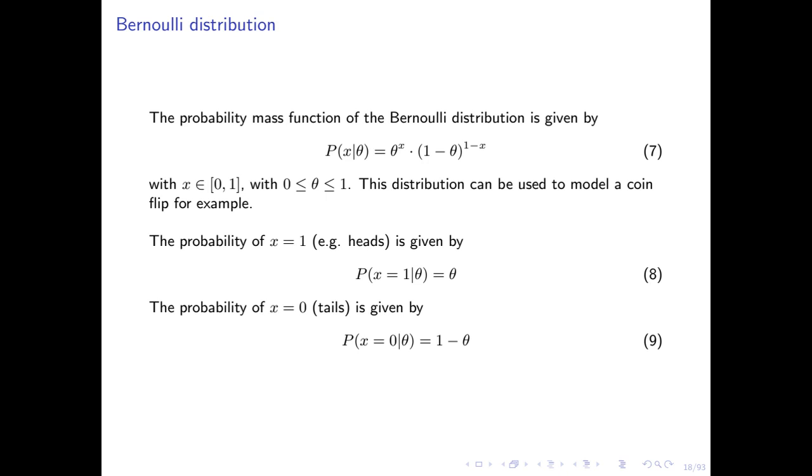Okay, so with a Bernoulli distribution, we are essentially modeling a binary process with a binary outcome. So if you think of a coin flip, it can either be heads or it can be tails. So if I flip the coin, it lands on heads in some cases and it lands on tails in the other cases.